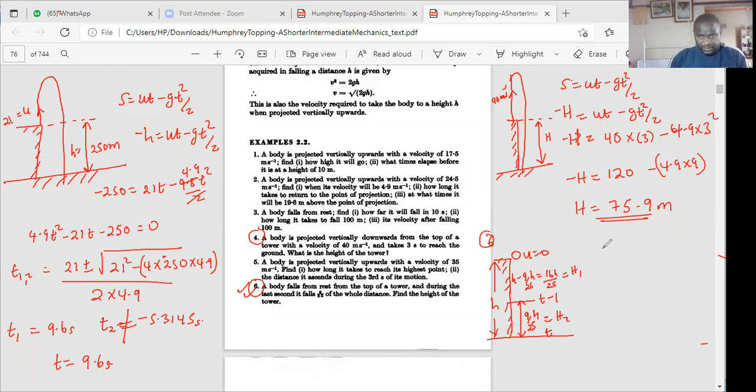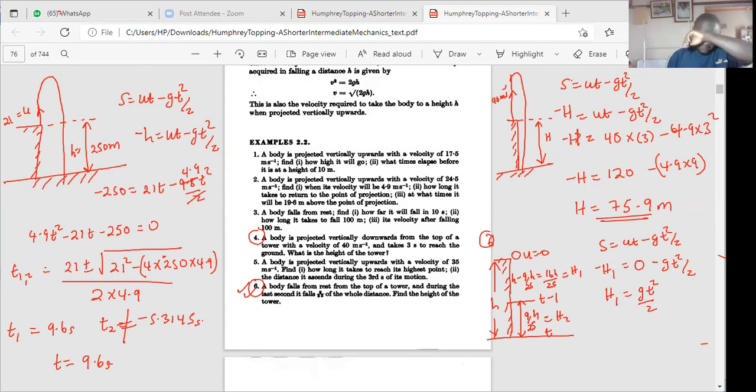So to start with, because the body is going down, from s equals ut minus gt squared over 2, we shall have h1 negative equal to the initial velocity 0 minus gt squared over 2. You know what that means? It means that if I have h1 equal to gt squared, when I divide by the negative, these become positives.